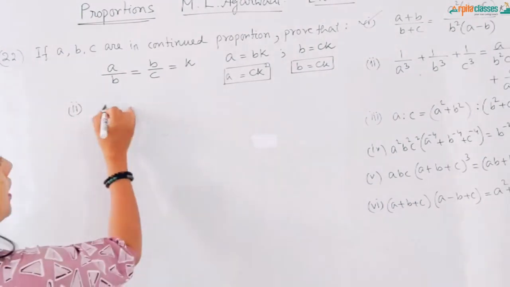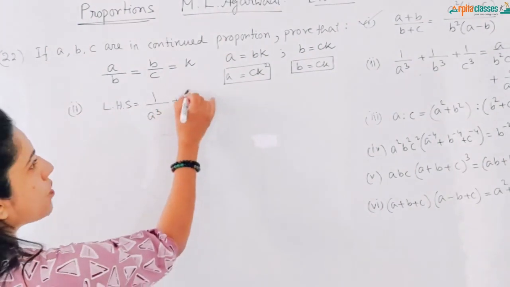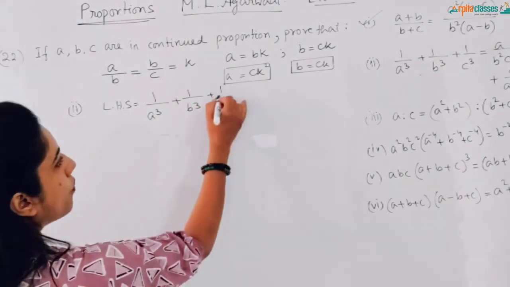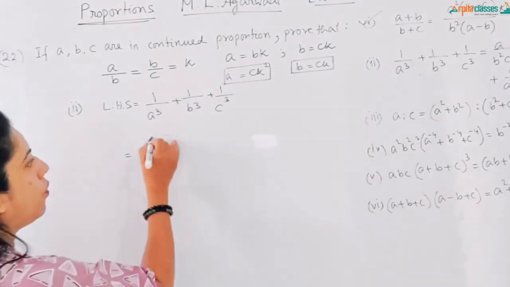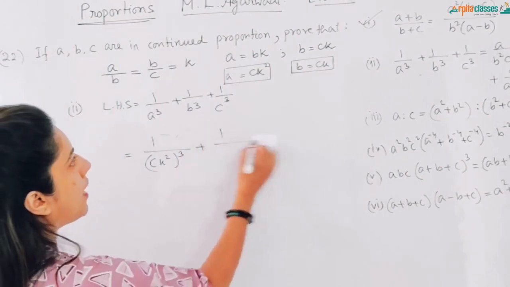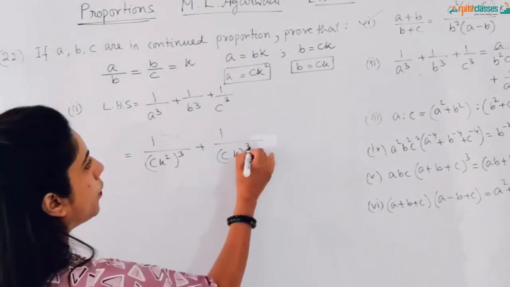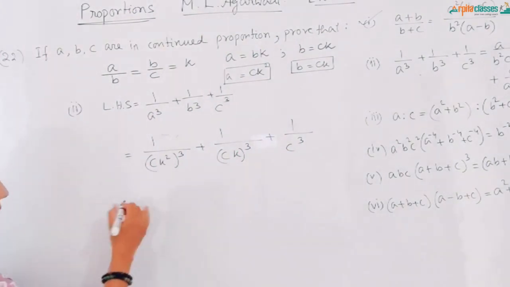The left hand side we have 1 upon A cube plus 1 upon B cube plus 1 upon C cube. Now 1 upon A cube is 1 upon (CK square) the whole cube, plus 1 upon (CK) the whole cube, plus 1 upon C cube.